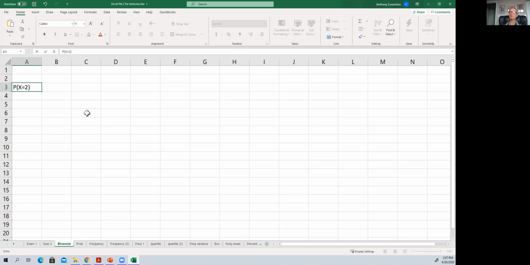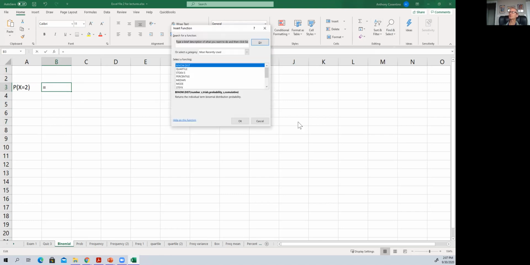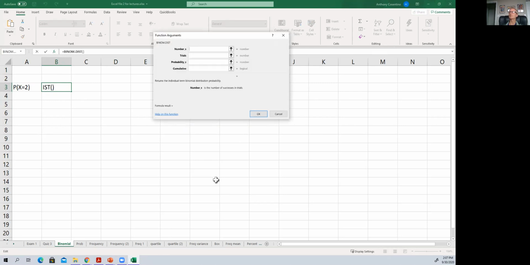So that would be 2 heads. So the way this works is you go into more functions and you type in binomial up here. And when you search for binomial, and hit go, you would see that binom.dist comes up. Super important.